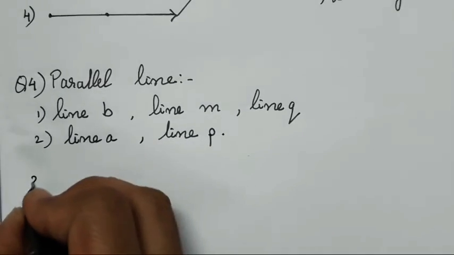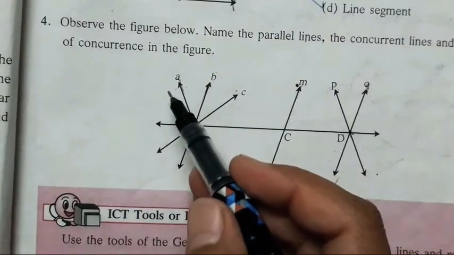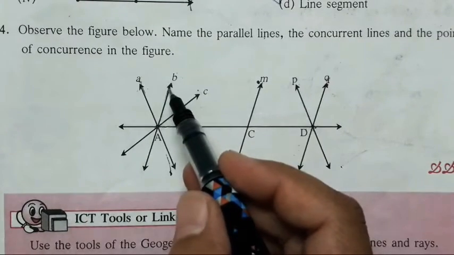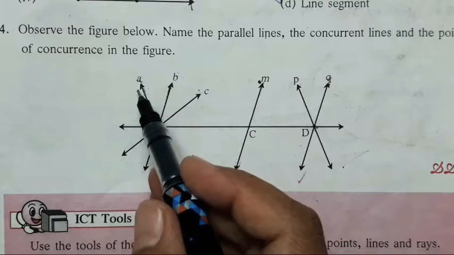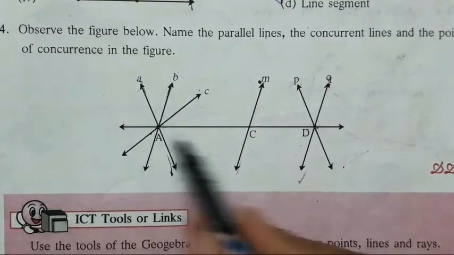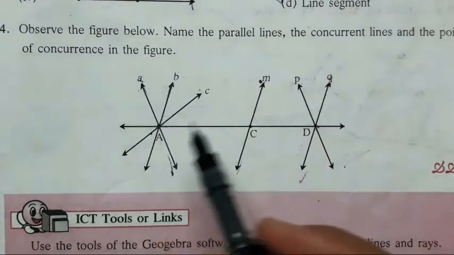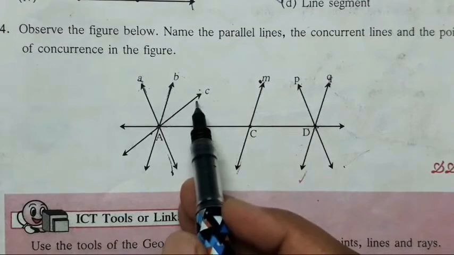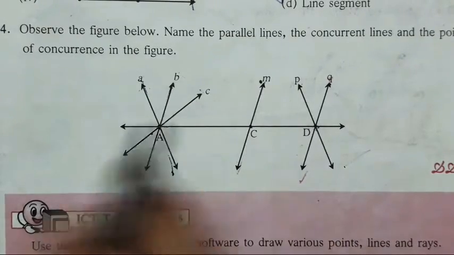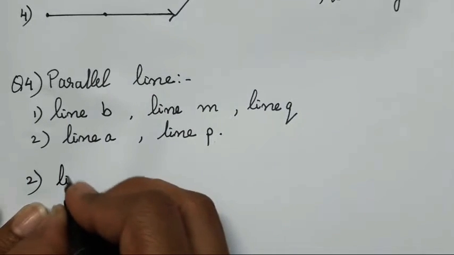Alright, now question number 2 is concurrent lines. Concurrent lines also I am going to show you in the same way. A, B, C, which is supposed to be line A and C. Okay, this. Congruent lines means A, B and C and line AC are congruent to each other. So first set we will write it.